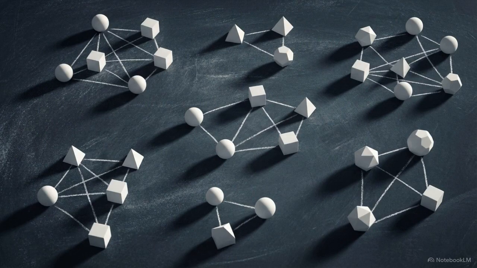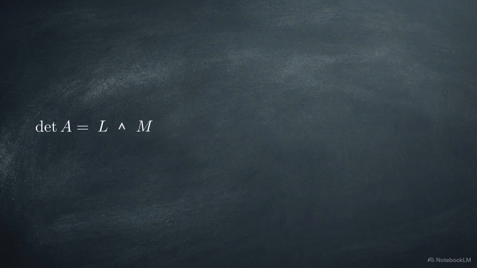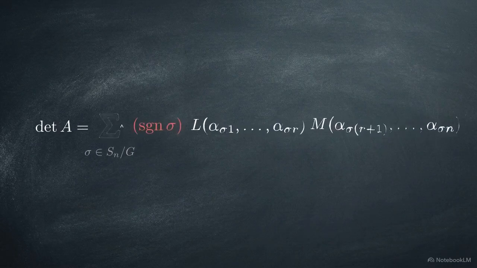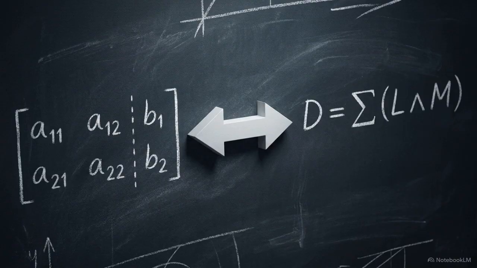That definition demands a combinatorial summation over all distinct cosets of permutations for the combined indices. That mandatory permutation summation over the submatrices is exactly what the Laplace formula is. The compact exterior product notation expands directly into the traditional Laplace summation. The Laplace formula identifies the determinant as the exterior product of its subblocks, evaluated through the ring's coordinate functions.